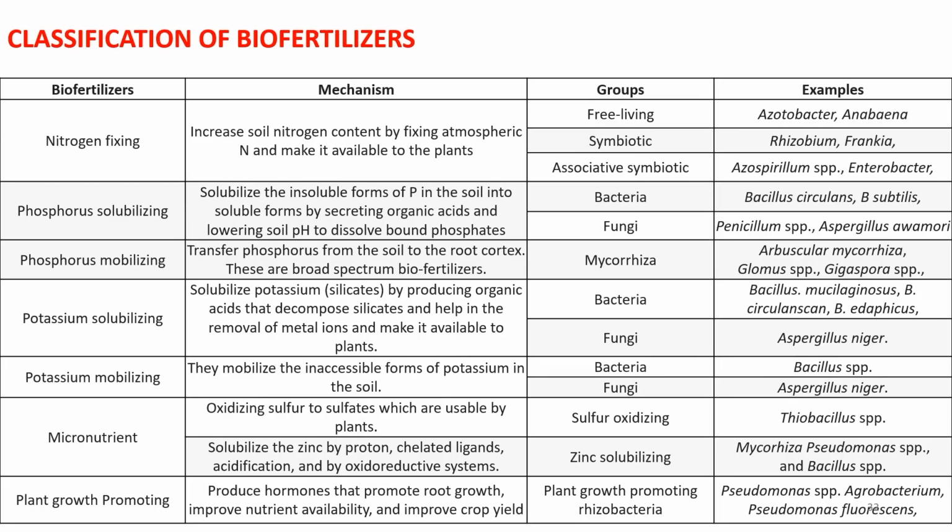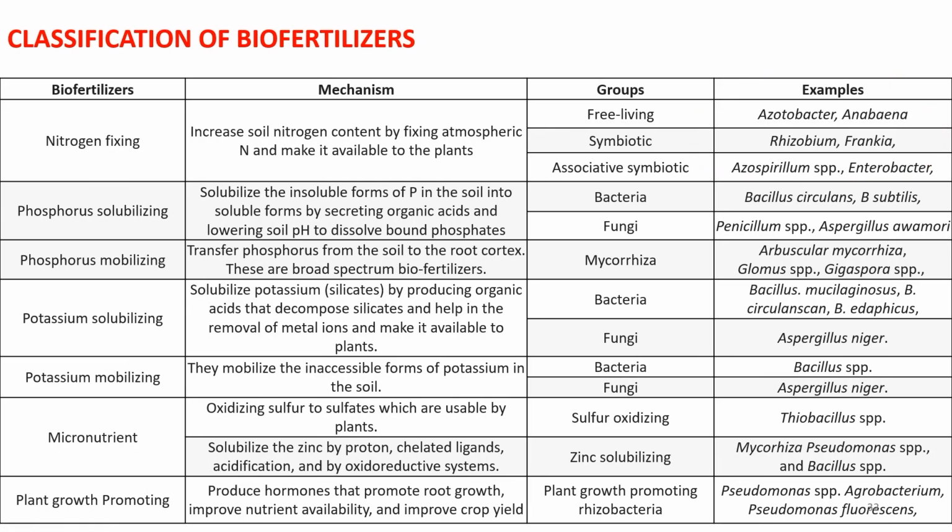If you look into the mechanisms of the various biofertilizers, in nitrogen fixing we see an increase in soil nitrogen content by fixing atmospheric nitrogen and making it available to plants, and as already discussed, they may be free living, symbiotic or associative symbiotic, and these are the examples for these types.